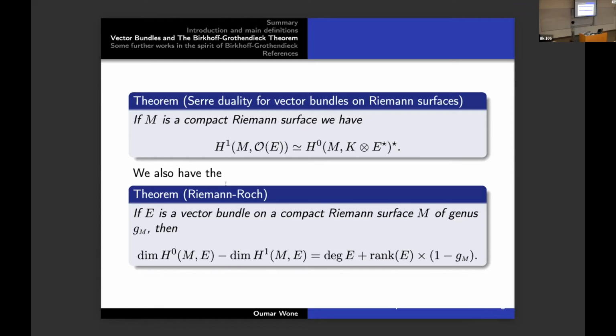If we have a vector bundle on a compact Riemann surface M of genus g(M), then dimension of H0(M, E) minus dimension of H1(M, E) is equal to degree of E plus rank of E times (1 minus the genus).